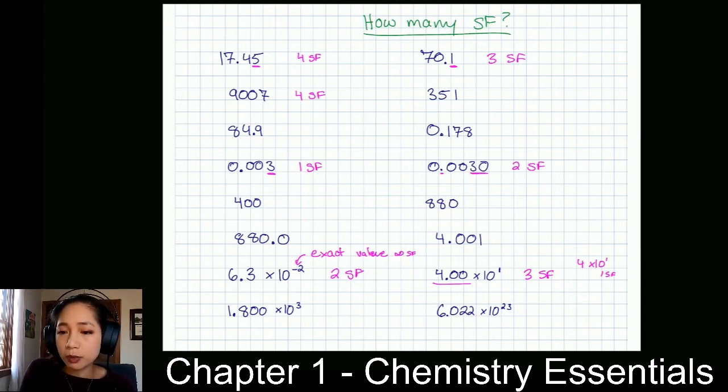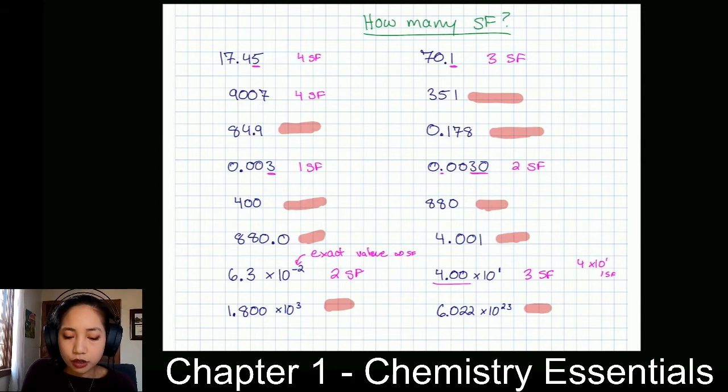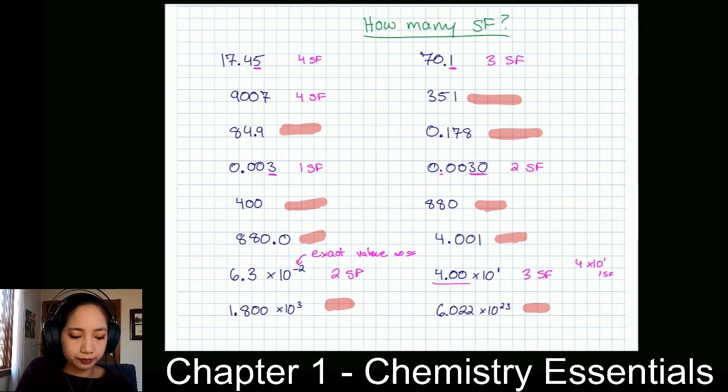Take a picture of your work on a piece of paper or whatever, and email me the rest of these answers, and I will give you extra credit on your first midterm. There's 1, 2, 3, 4, 5, 6, 7, 8, 9. So do those 9 other numbers, identifying how many sig figs are in each, and I will give you extra credit. Just email me these numbers. Just title it like extra credit chapter 1. All right, and I'll give you a point of extra credit on your midterm 1.